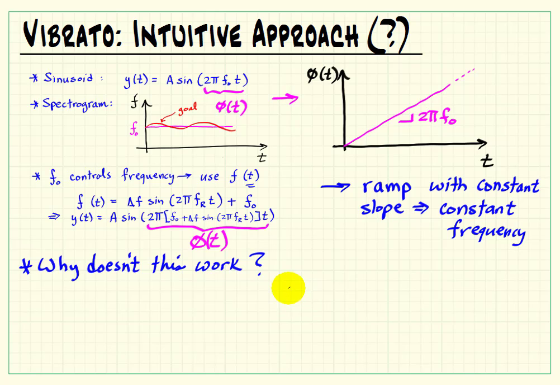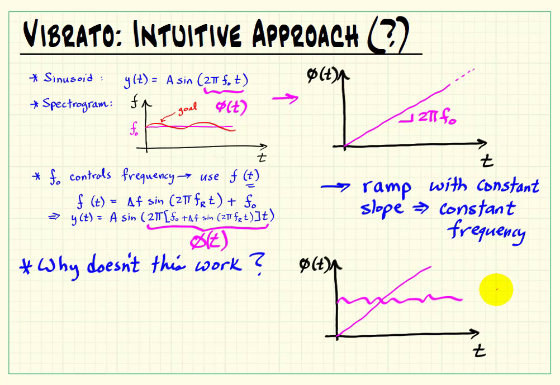Well, let's return to the phase function that we perhaps inadvertently designed here. Here we have the notion of a sinusoid centered about f0. But the big problem here is we are still multiplying this function by a ramp, t. 2 pi t if you like. Essentially we're multiplying a ramp times that sinusoidal undulation.